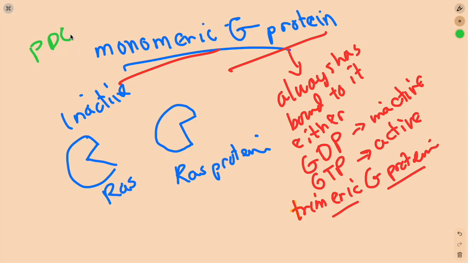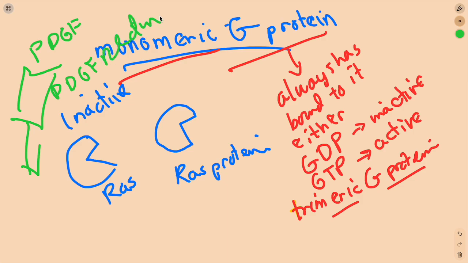So PDGF comes from outside the cell, and here's the PDGF receptor binding to it. So a receptor tyrosine kinase gets activated, and that leads to the activation of RAS. Before there's PDGF and it's inactive, this RAS has a GDP bound. It's got a GDP bound. Oops, not very well written, but GDP, inactive.